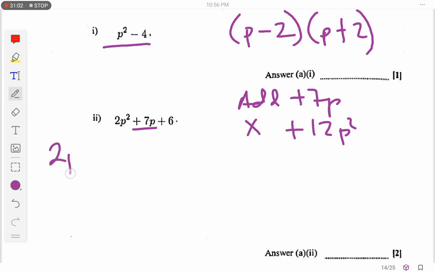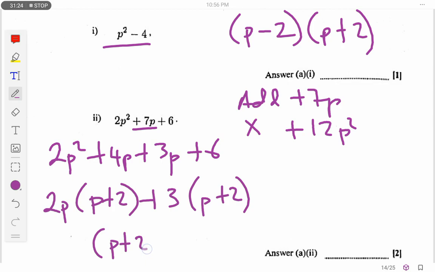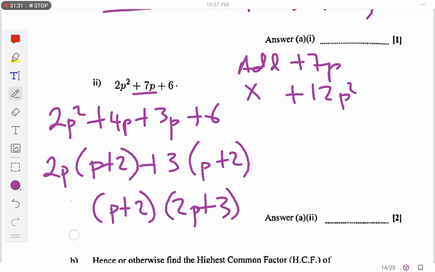So I can rewrite 2p squared plus 4p plus 3p plus 6, like that. Factorizing this one, I have a 2p here, I have a p plus 2, plus a 3 here, then I have a p plus 2. So my factors are p plus 2 and 2p plus 3. This is my answer here.